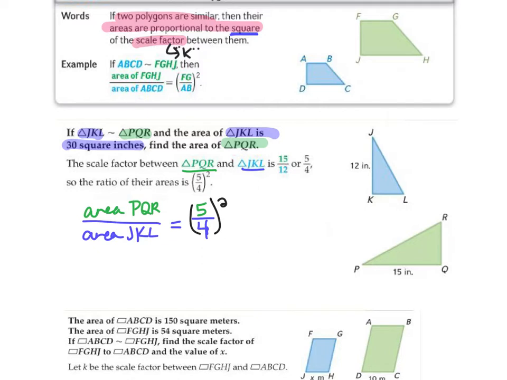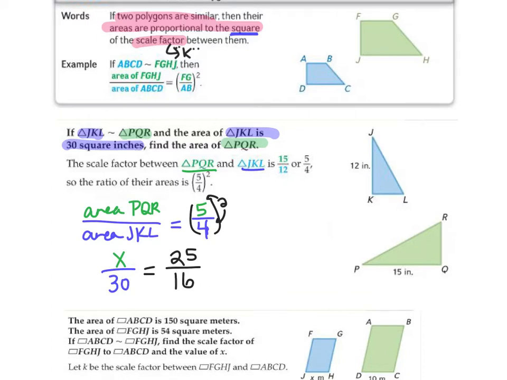So we're going to say the area of PQR, which we're looking for, we'll call that X, over the area of JKL, which is 30, equals our scale factor squared. We distribute this exponent to both values of our fraction. 5 squared is 25, 4 squared is 16.